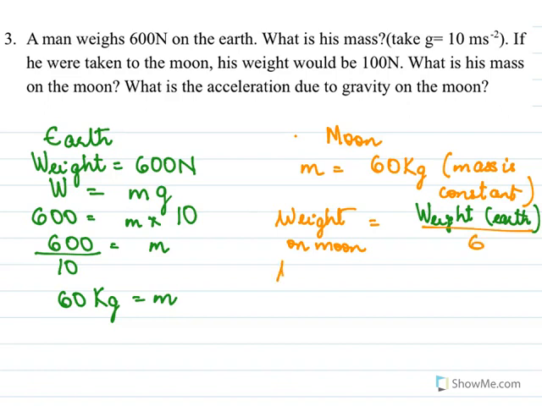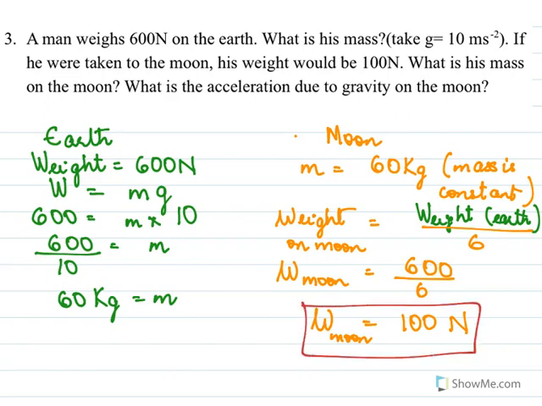So weight on moon equals 600, which is the weight on earth, divided by 6, and that would be 100 newtons. So he will weigh 100 newtons on moon, but he weighs 600 newtons on earth. Mass is the same.